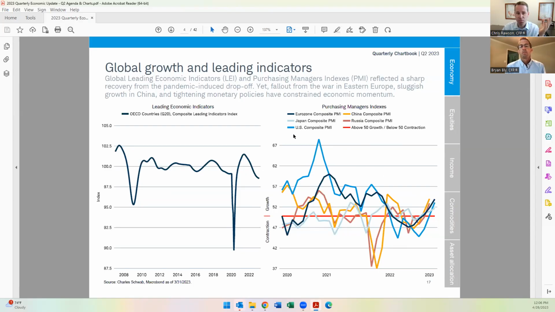Well, they're all above 50. The US above 50. The same with China and even Russia. So even though some of the leading indicators suggest there could be a slowdown coming, on the opposite side of this chart, we're actually not there yet necessarily.